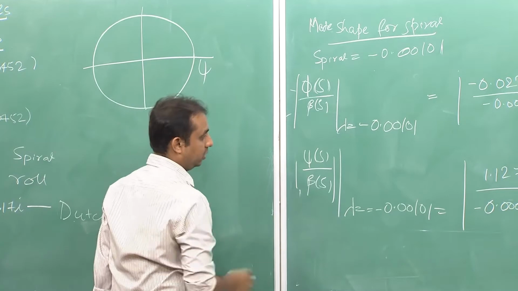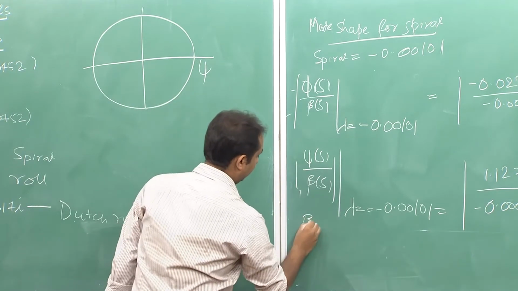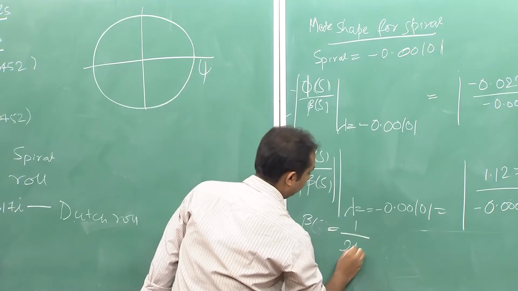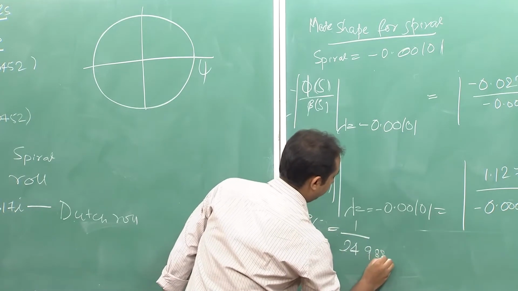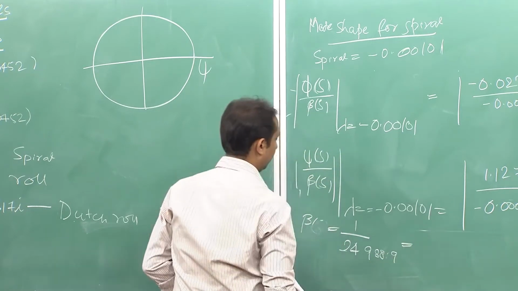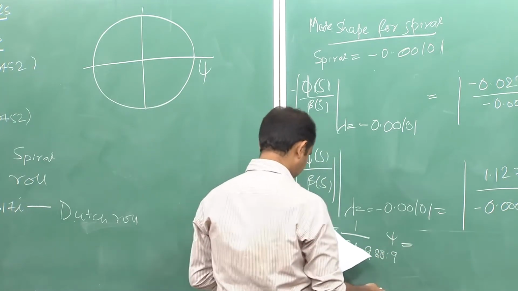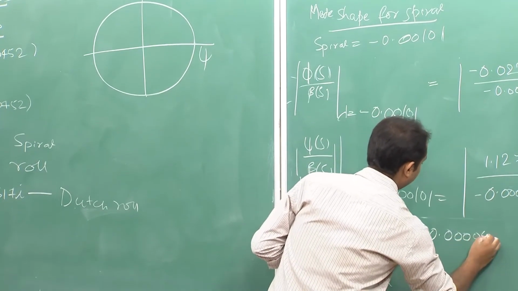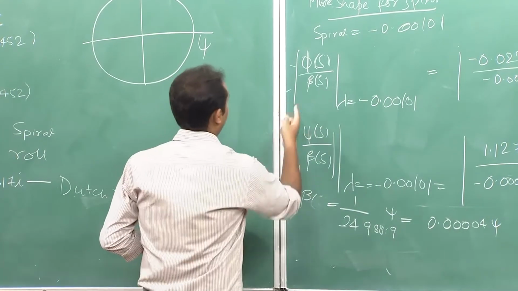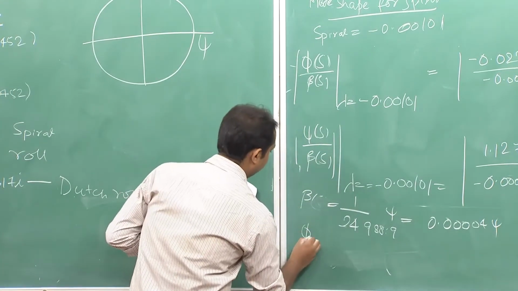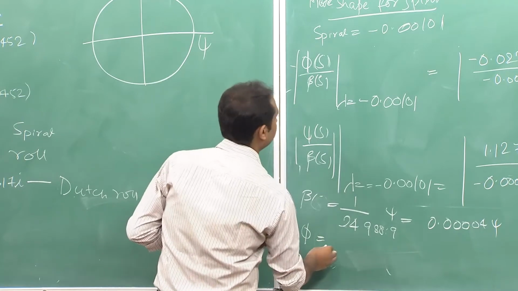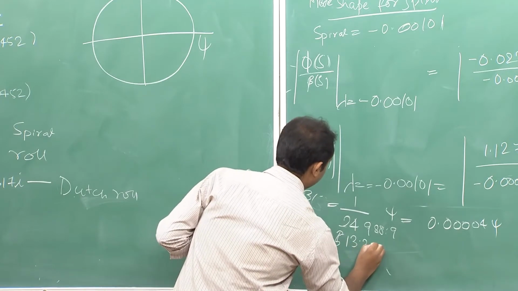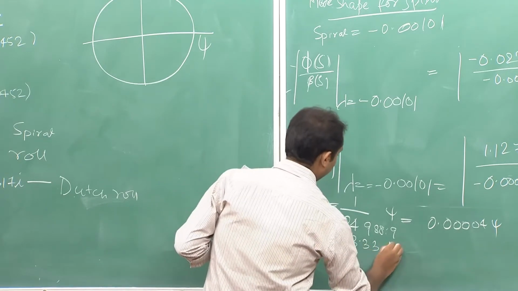From this ratio, your beta will be 1 by 24,988.9 times psi, which will be somewhere around 0.0004 psi, and your phi will be 513.33 times beta.